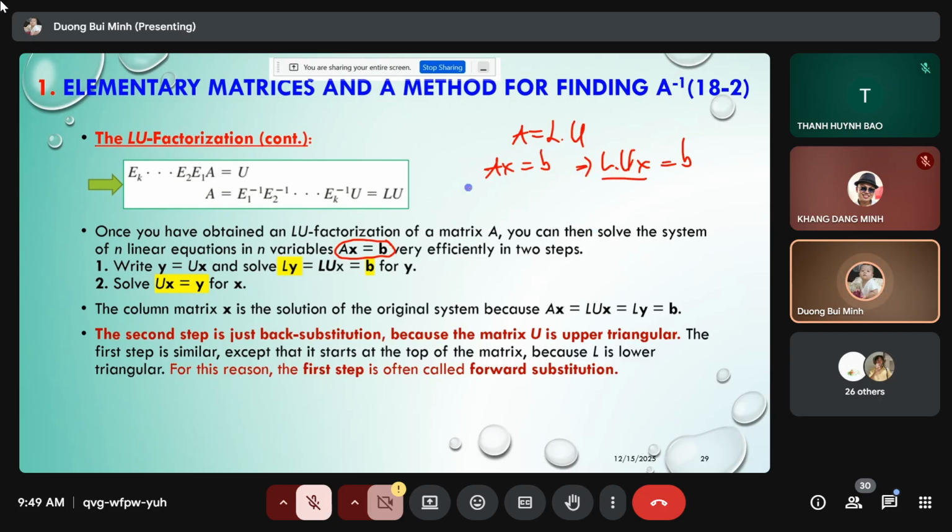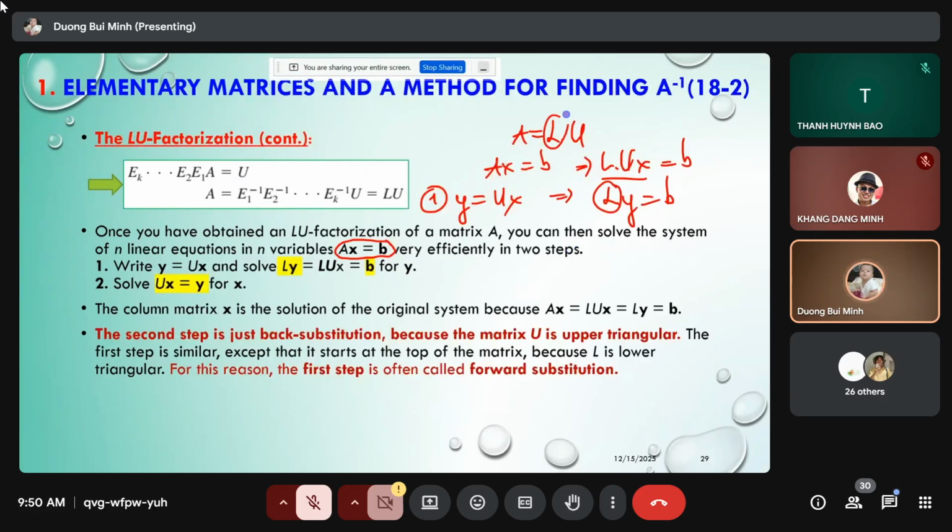Okay, so if the first step, I let Y equal to L U X, I just define Y equal U times X. So after that, I can get L times Y equal B. Do we know L?